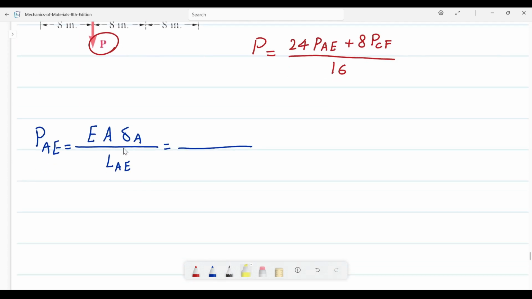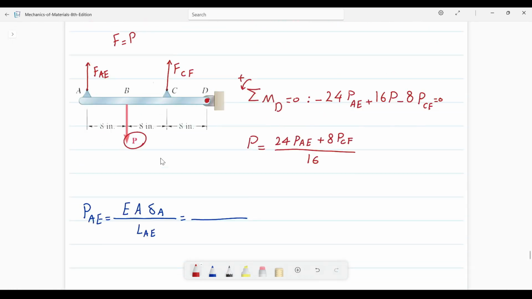And also for deflection we have another equation. I write it here.